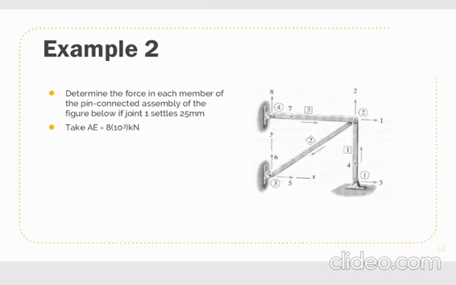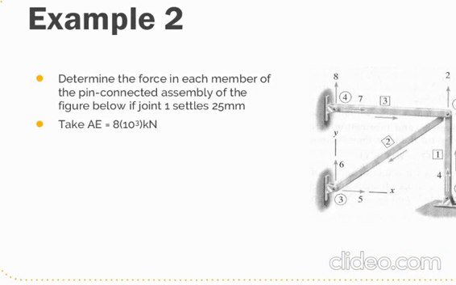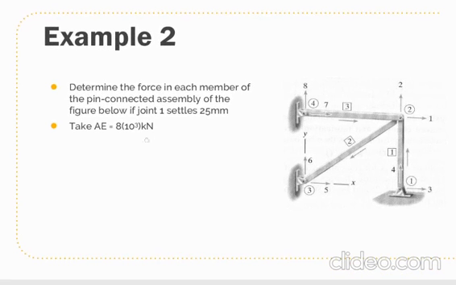In example number 2, we have a truss that has 3 members and we are asked to determine the force in each member of the pin-connected assembly of the figure shown, if joint 1 settles 25 millimeter.